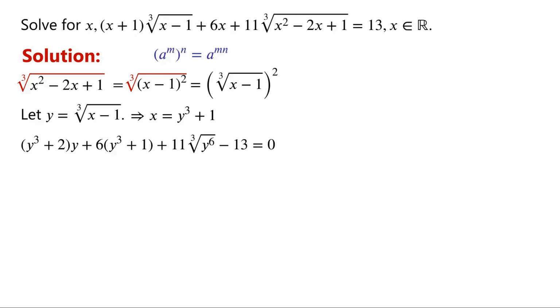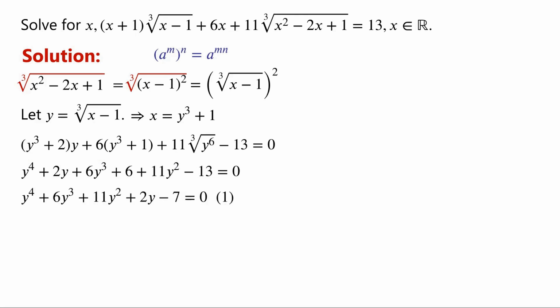Expand the equation, we have y to the power of 4, plus 2y, plus 6y cubed plus 6, plus 11y squared, minus 13, equals 0. Rearrange the equation, we have y to the power of 4, plus 6y cubed, plus 11y squared, plus 2y minus 7, equals 0. And we label this as equation 1.